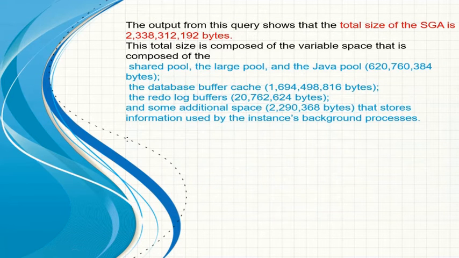The output from this query shows that the total size of the SGA is 2 gigabytes. This total size is composed of the variable space, which is composed of the shared pool, the large pool, and the Java pool.